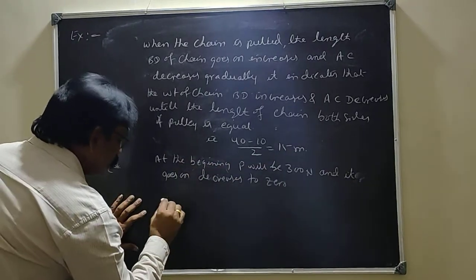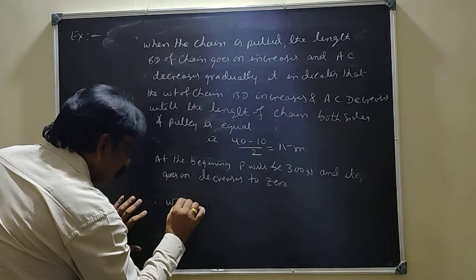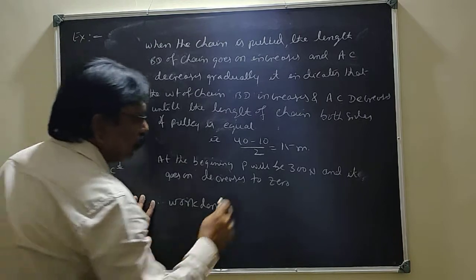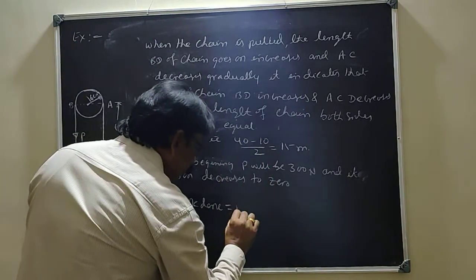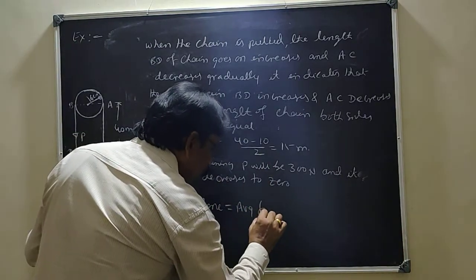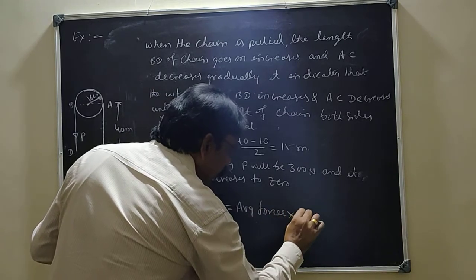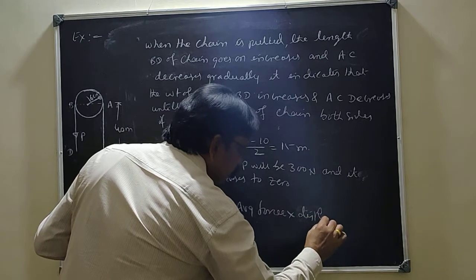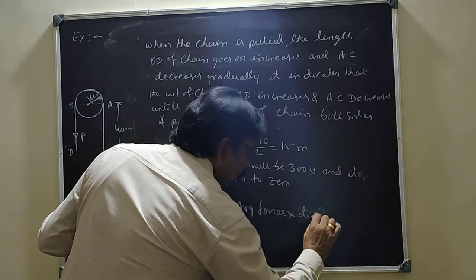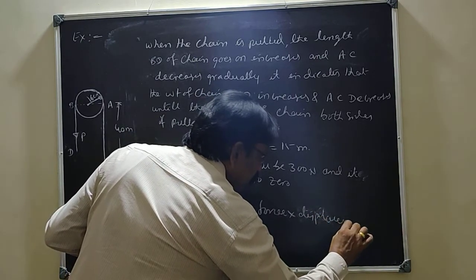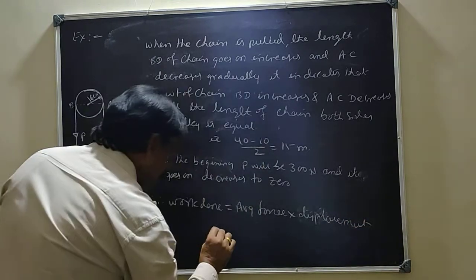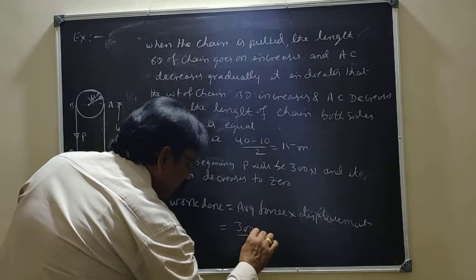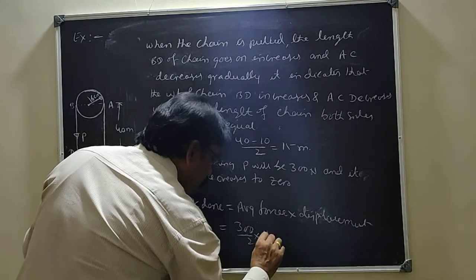So therefore the work done is equal to average force multiplied by displacement. That is equal to, average is 300 divided by 2 into distance moved is 15.